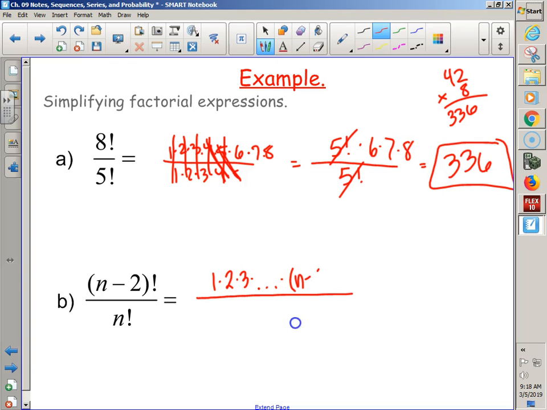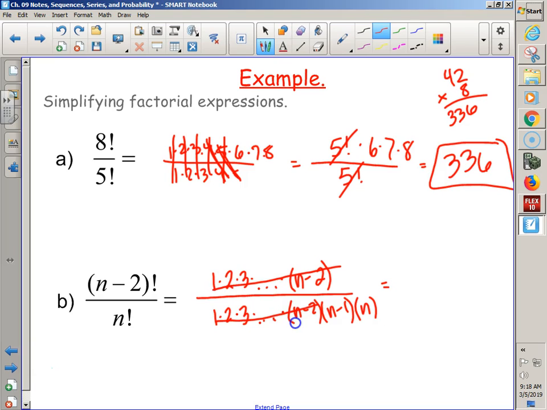What would be the next term after n minus 2? Don't we always just add 1? Add 1, add 1. What would be after n minus 2? N minus 1. What would be after n minus 1? There it is. So couldn't all of that go away with all of this?